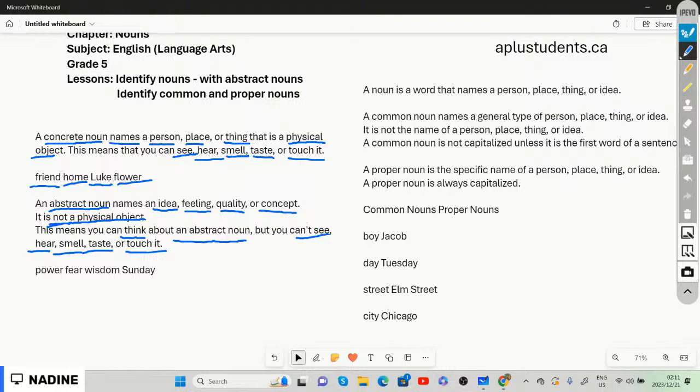For example, power. As much as cartoons show physically that somebody has power, power is not something that you can see, hear, smell, taste, or touch. The same with fear, right?